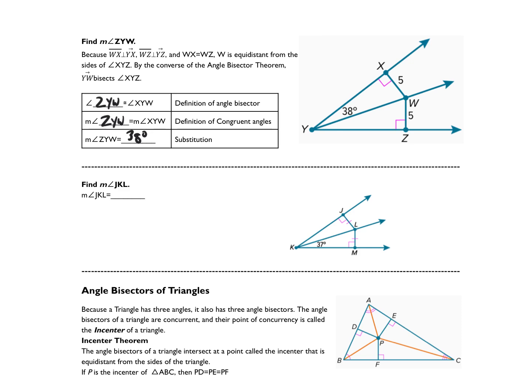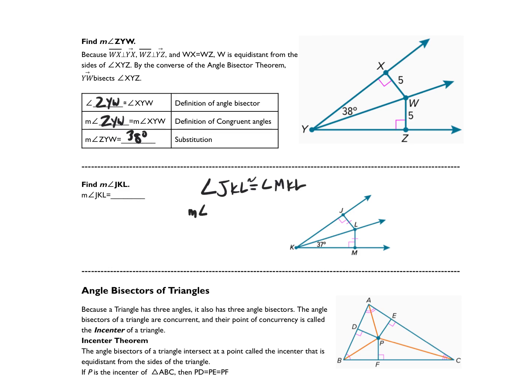So now we are going to use that theorem. Looking here, we can see that segment JL is congruent to segment ML. They're both perpendicular, so it looks like we have an angle bisector. So that means that angle JKL is congruent to angle MKL.